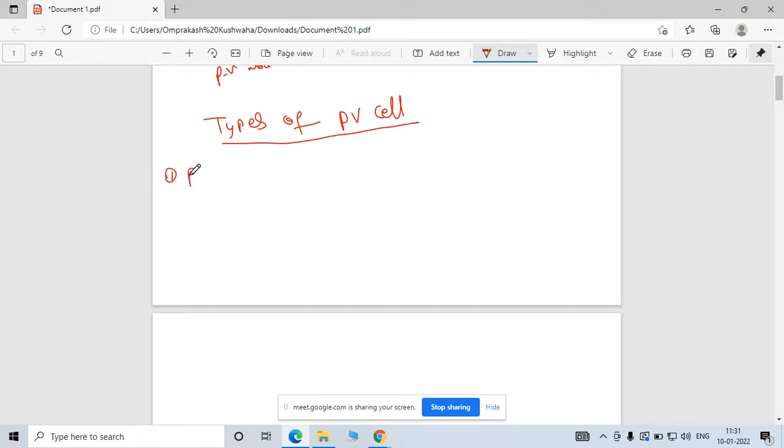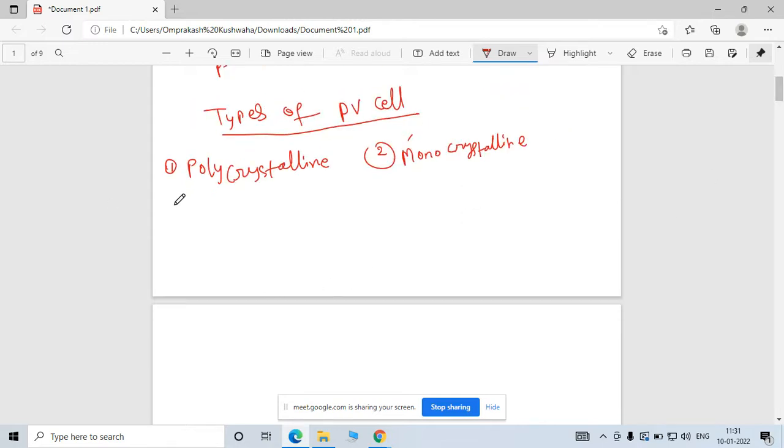First is the polycrystalline cell. Second one is the monocrystalline cell. And the third one is the thin film cell.